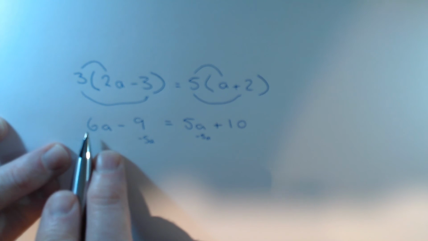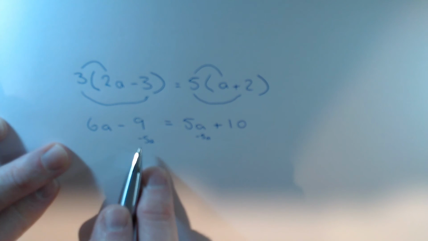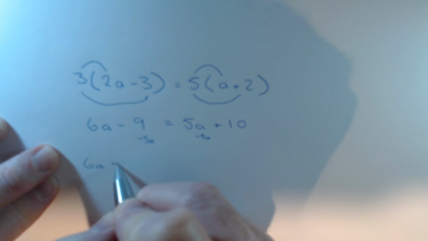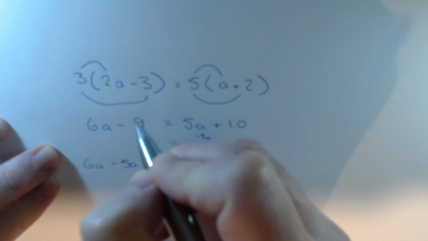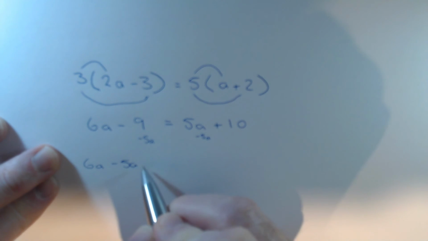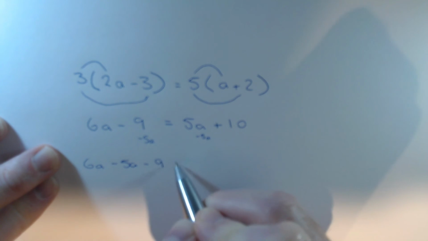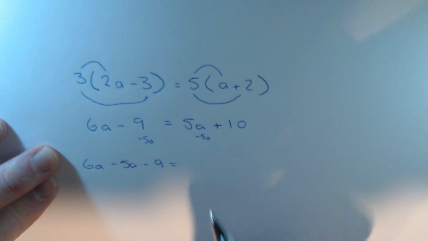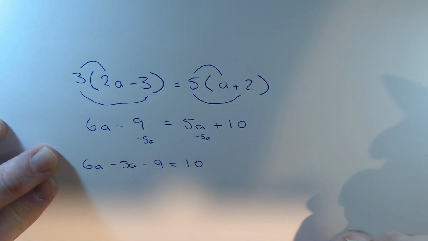I then end up with 6a minus 5a, and I'm going to do it in a long step, leaving the minus 9 here at the moment. Minus 9 is equal to 5a minus 5a, those cancel each other out, equals 10.